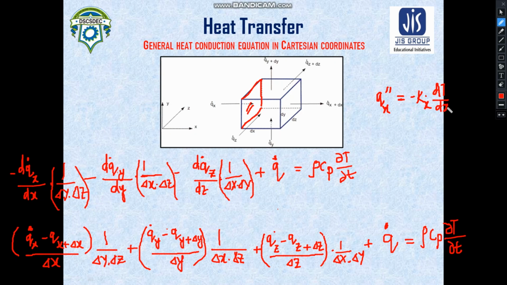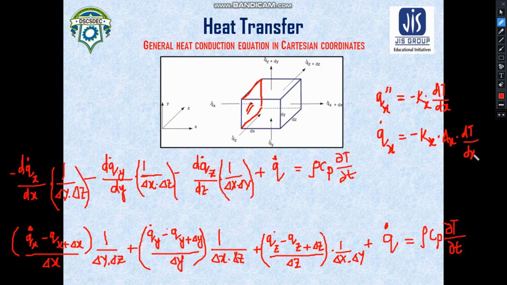So if we are interested in finding the rate of heat transfer, then with the help of Fourier's law we can easily calculate it: qx equals minus kx Ax dT/dx.